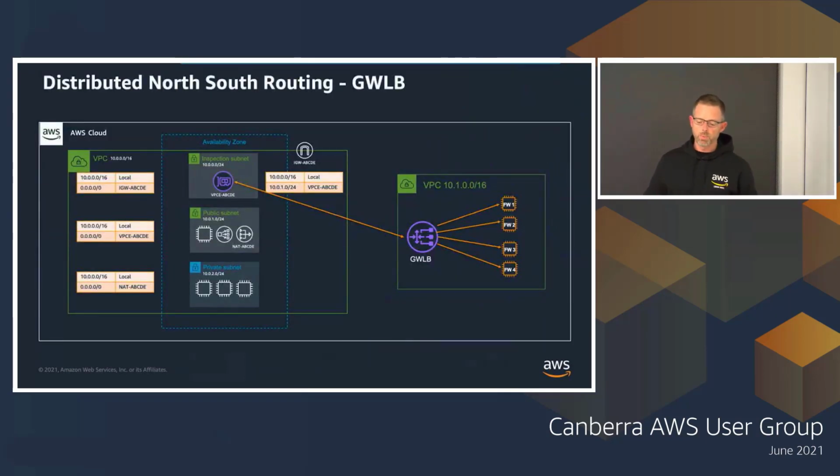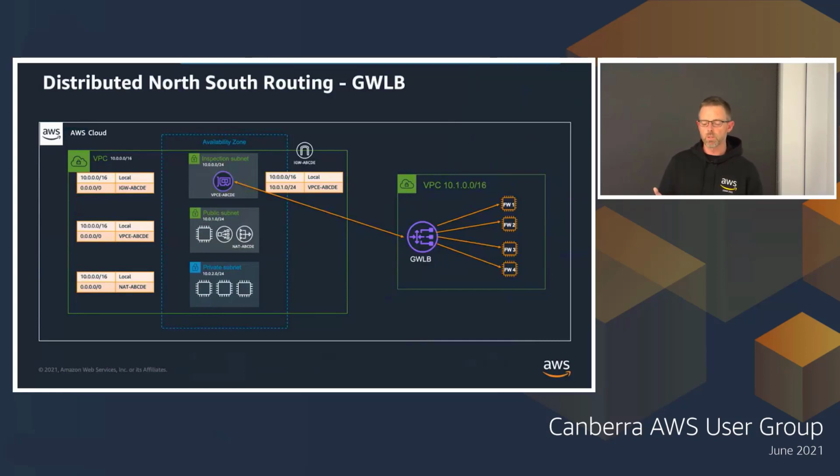So the most simple case is the distributed north-south routing with Gateway Load Balancer. On our left, we've got a pretty normal looking VPC. It's got 3 subnets. At the bottom, we have our private subnets. That could be where your application servers, your database instances, that type of thing live.